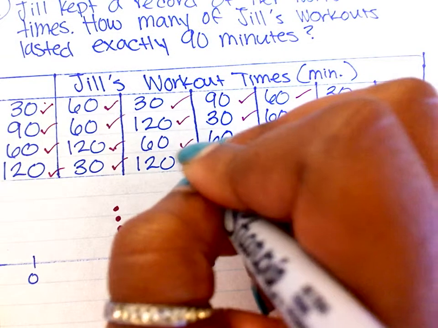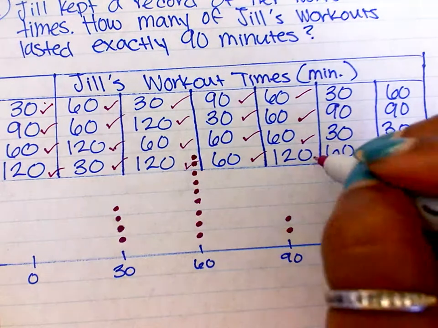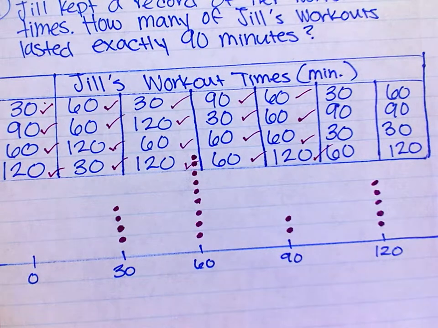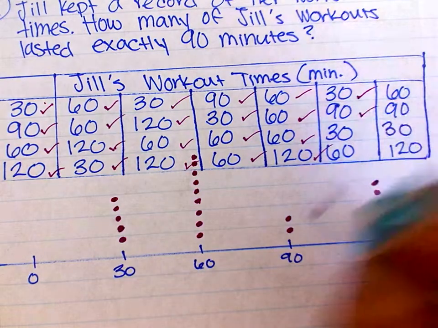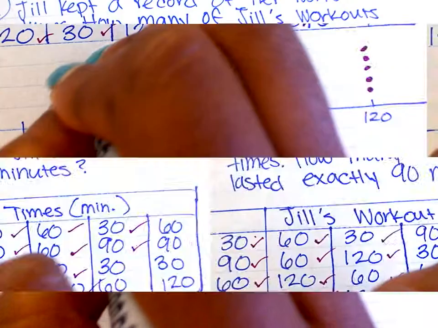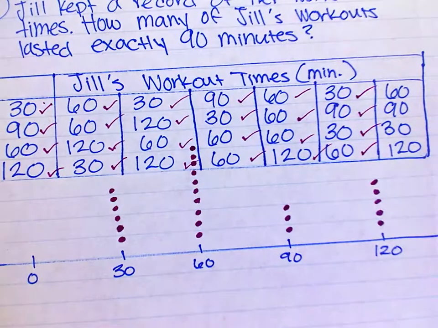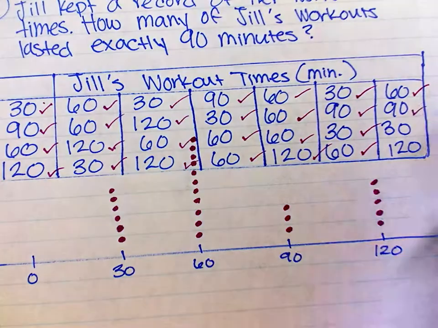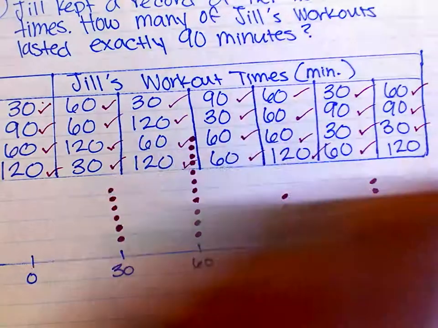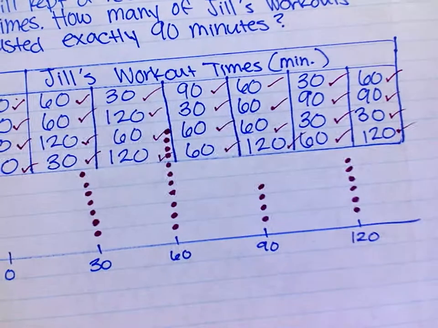It's going up into my table. That's okay. 120, 30, 90, 30. Oh, another 60. Last column, 60. Jeez. 90, 30, and 120. So that's it.